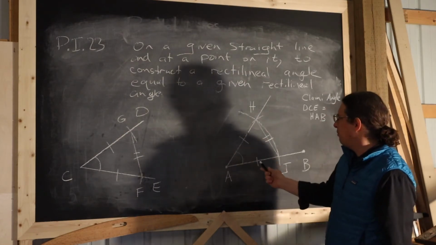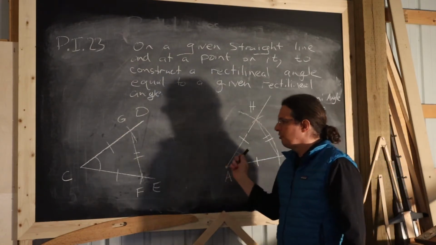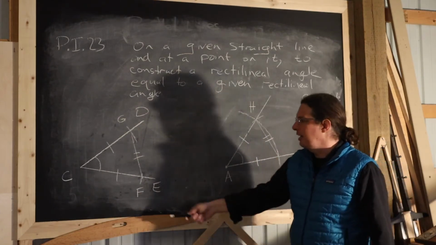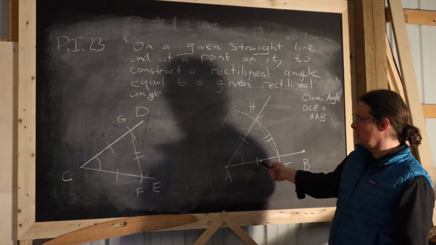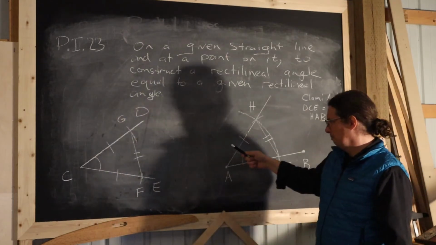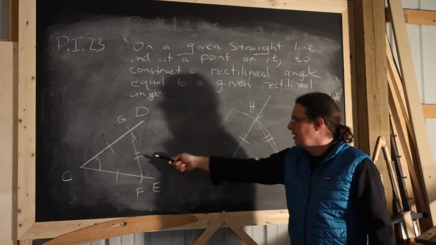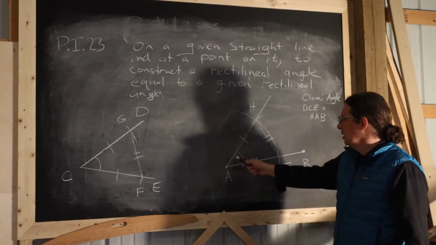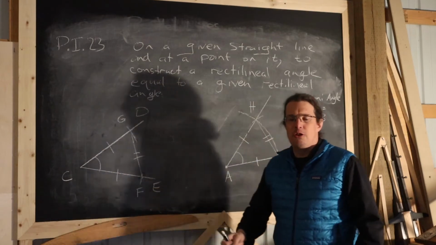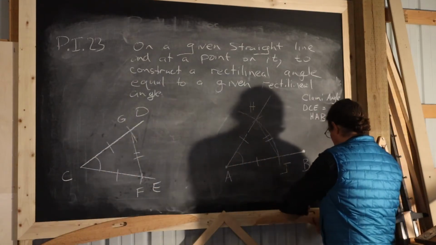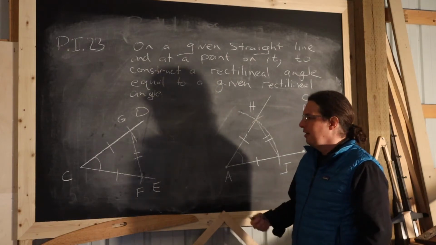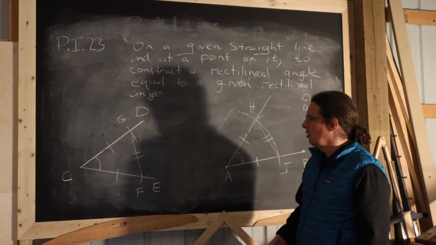So what I really have here are two isosceles triangles that are congruent by side, side, side. This side corresponds to this side corresponds to this side. So because of that, these two angles, which are corresponding angles in two congruent triangles by side, side, side, must be equal or congruent themselves.